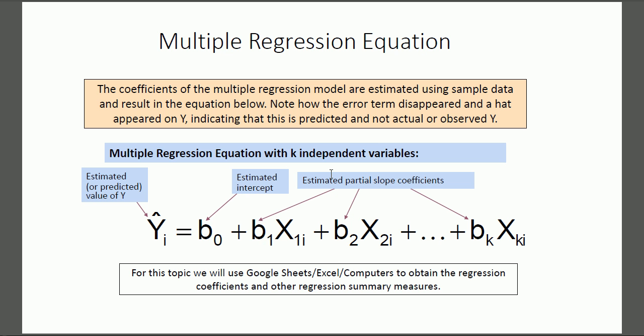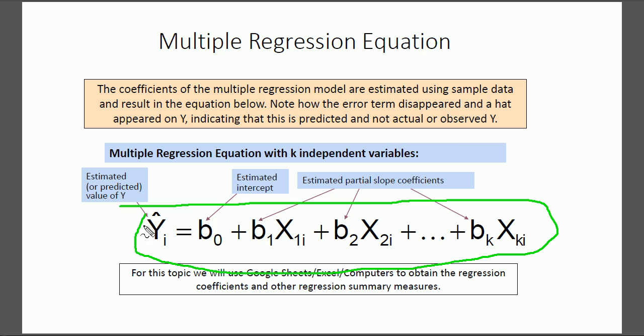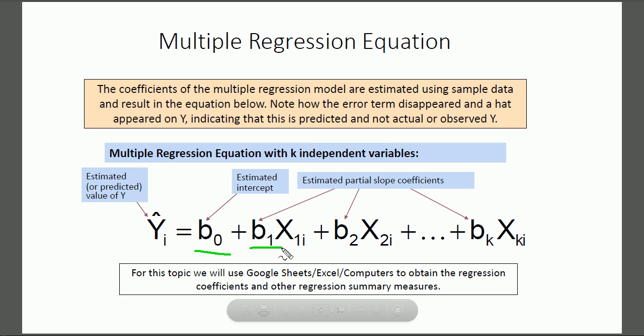So we get to the multiple regression equation, and you notice what's different between this and the equation that we saw earlier: we have the b's here first off instead of the betas, and the y has a hat on it, and notice the error term is gone. The coefficients of the multiple regression model are estimated using sample data once again and result in the equation below.